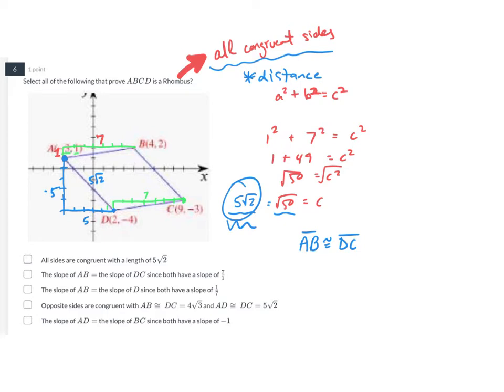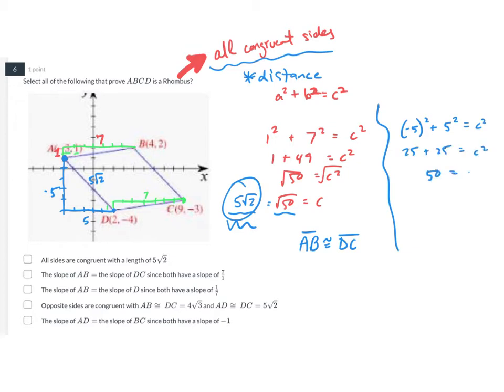If you didn't remember that shortcut about special right triangles, then you could always just do the Pythagorean Theorem. It would say negative 5 squared plus positive 5 squared equals c squared. So 25 plus 25 equals c squared.